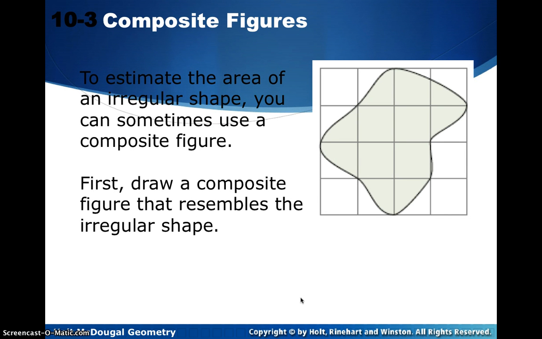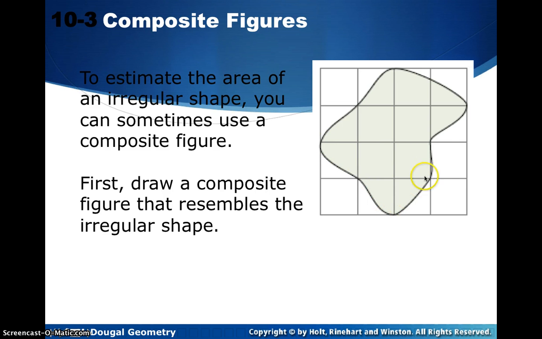You can do this by breaking the shape down into simple shapes. Like over here it looks like I have a triangle, and maybe I can make this piece here another triangle and another triangle down here.